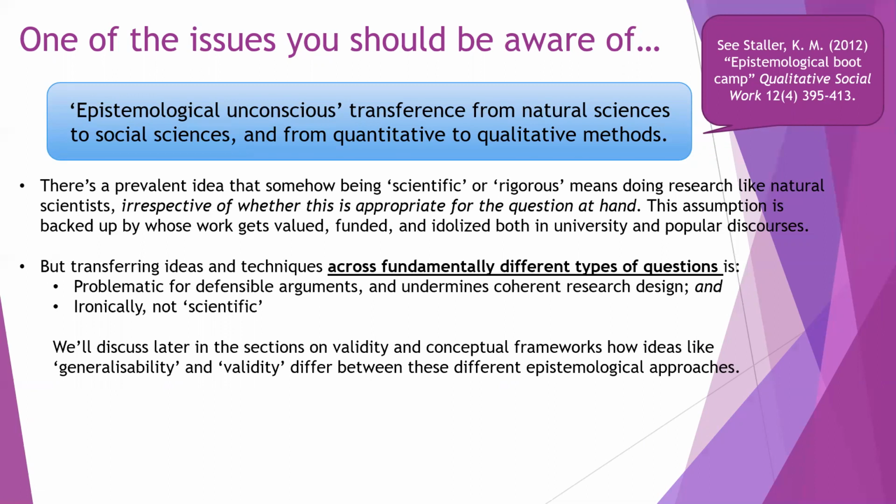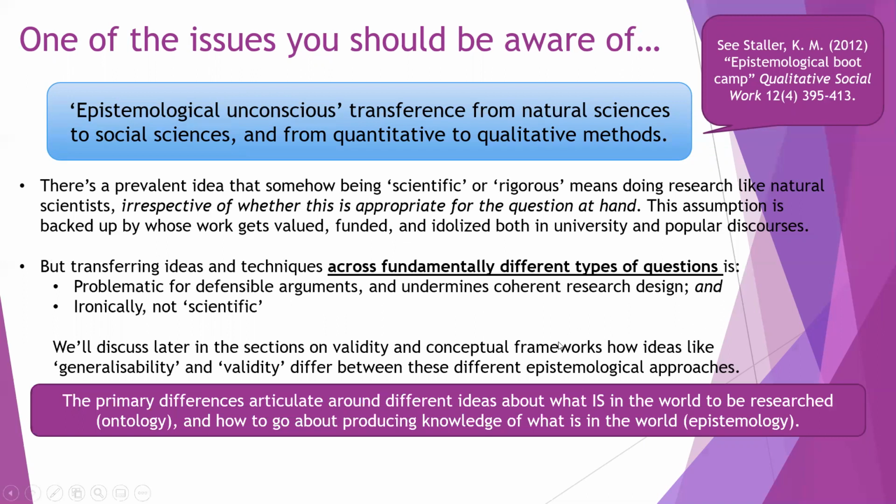They're useful ideas, but what they mean is fundamentally different. So the primary differences articulate around what is in the world to be researched, its ontology, and how to go about producing knowledge about what is in the world, which is epistemology.